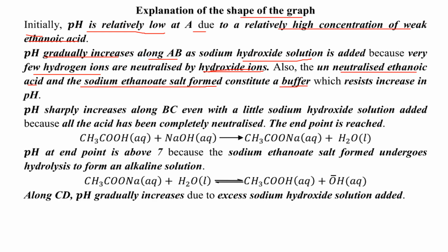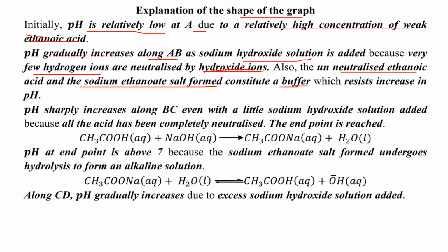So first of all, part of the hydroxide ions from sodium hydroxide are going to react with a few hydrogen ions, neutralizing them. That's why pH starts on gradually increasing, because the hydrogen ion concentration present in the solution is being reduced by some of the hydroxide ions reacting with the hydrogen ions. But also remember that as they are reacting together, the sodium ions combine with the ethanoate, forming sodium ethanoate.